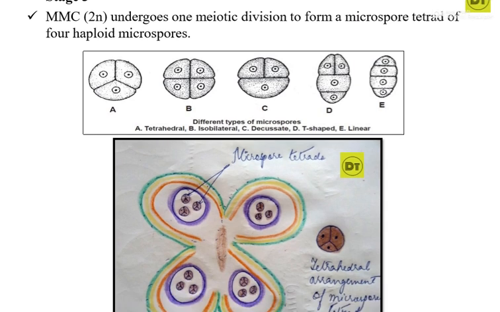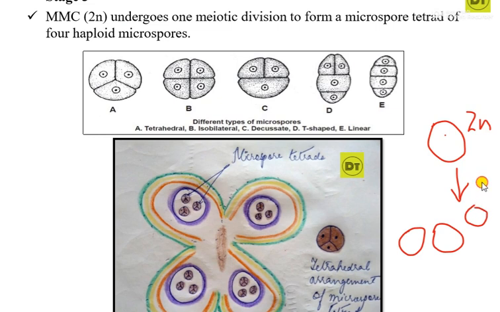What happens in stage number 3? The MMC that we got will undergo one meiotic division. Now what happens as a result of meiosis? We will get 4 daughter cells, right? And what will be the chromosome number of the daughter cells? It will be half that of the parent.